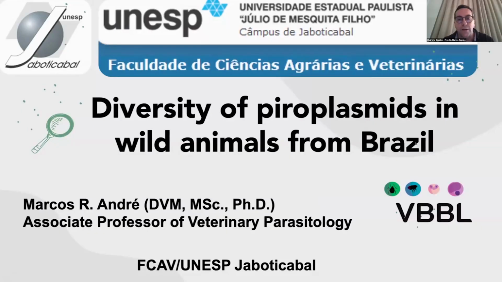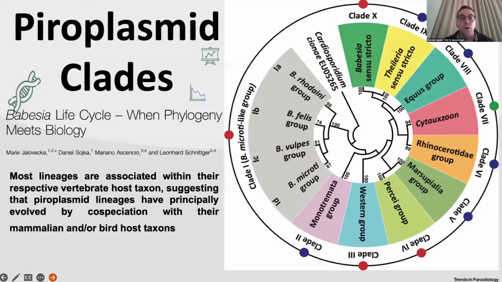I'm going to talk a little bit about the diversity of piroplasmids in wild animals from Brazil. Back in 2019, Jalovecka and colleagues established the presence of 10 piroplasmid clades, named from 1 to 10.